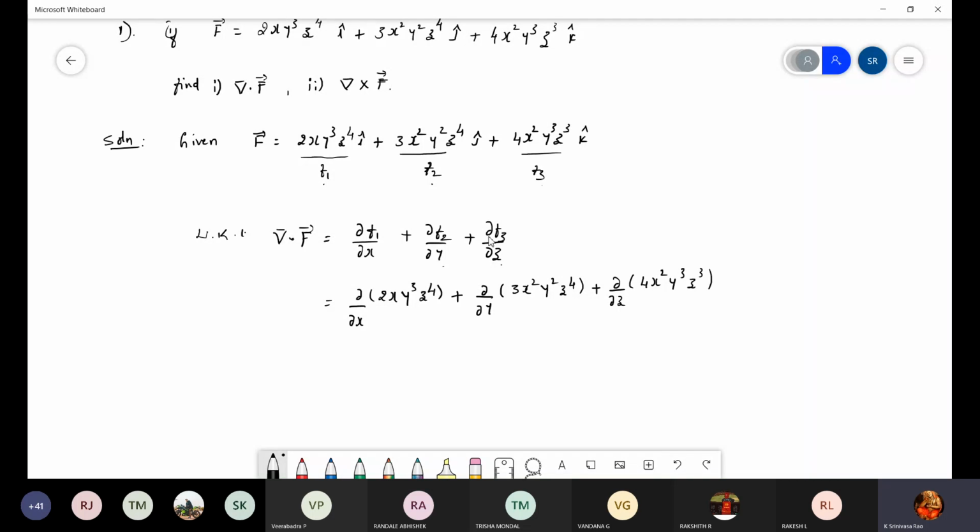Now differentiate partially. This is del dot f. With respect to x, differentiate only x, remaining all constant, because all terms are products. Yes, differentiate.